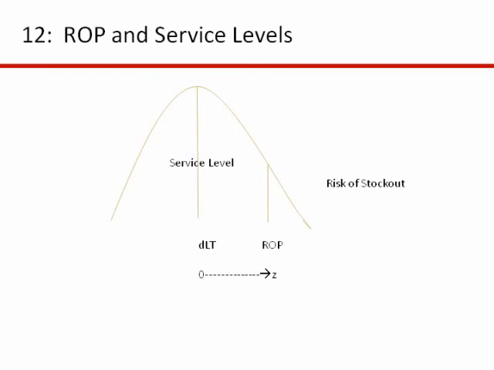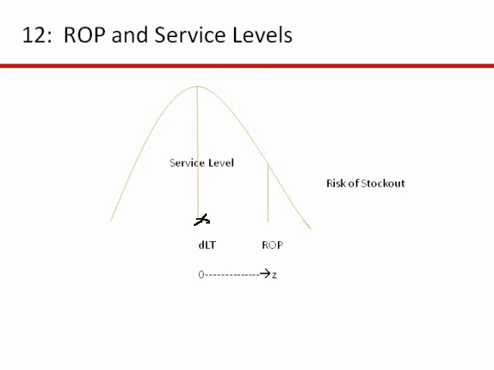Okay, so before we get into that, think of, again, this demand during lead time as being a normal distribution curve. The mean of this, what's happening during the lead time, is right here. This is demand during lead time, the mean, the average. What happens on an average period?